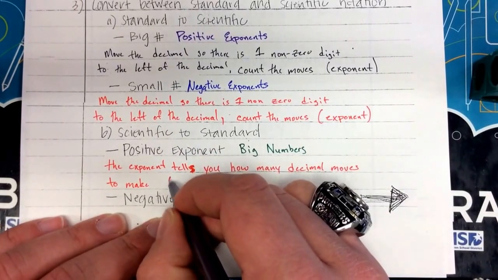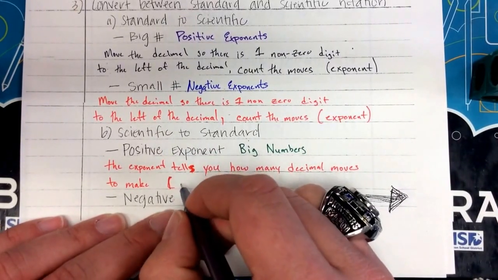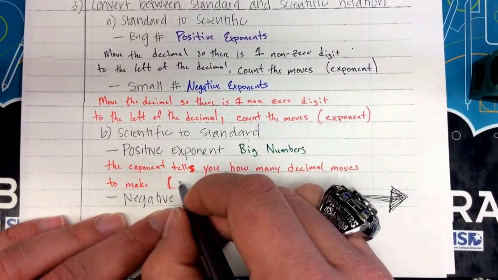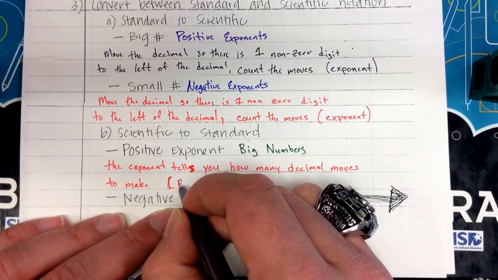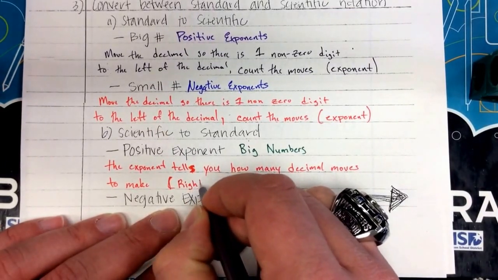And which way are we going again? To the right. So positive exponents tell you to move the decimal to the right.